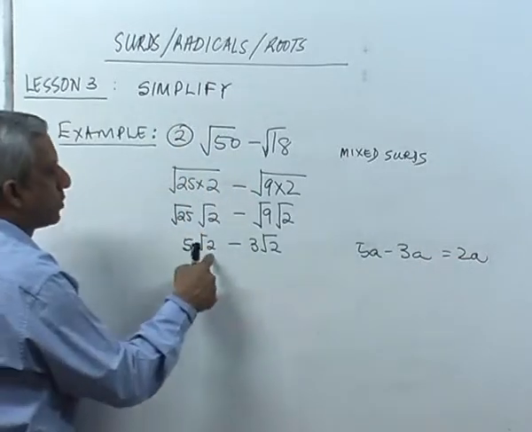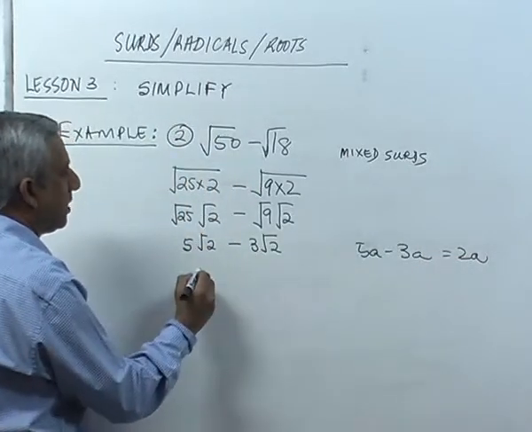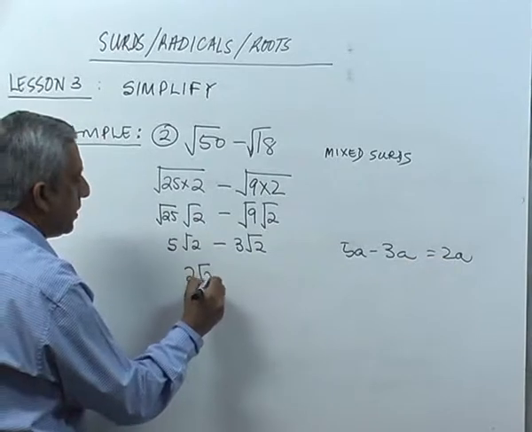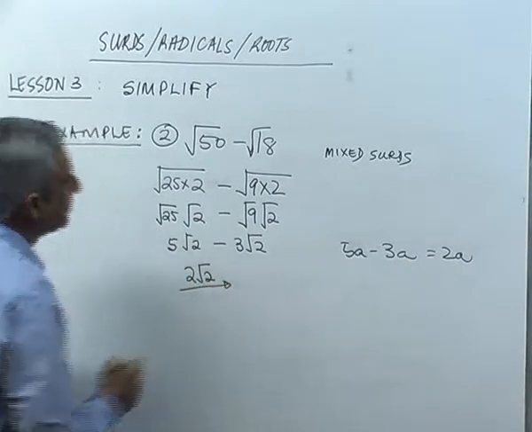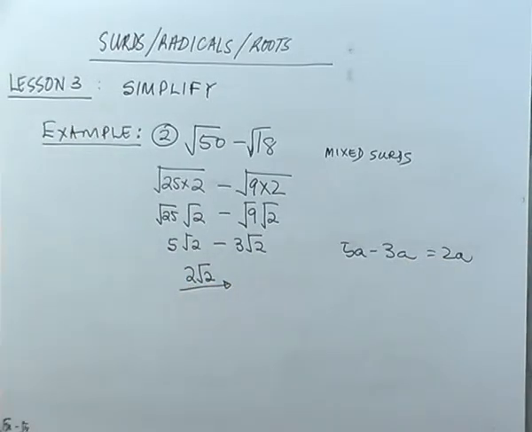Just like that, 5 root 2 minus 3 root 2 gives you 2 root 2. Alright, so we could give you anything, either to add them or subtract them or multiply or divide. Well, you look at each question and then decide what rule you can apply. Alright, let me give you a few more examples on simplification.